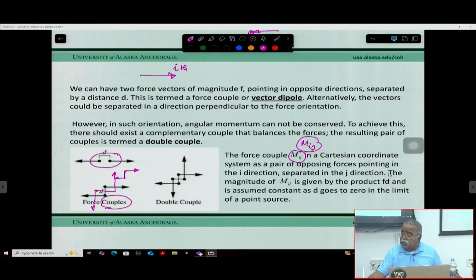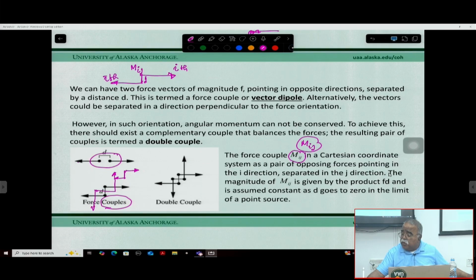So this is I, and this is also the ith direction. Then this will be J, which is the perpendicular distance, right? So this I and J equals Mij.